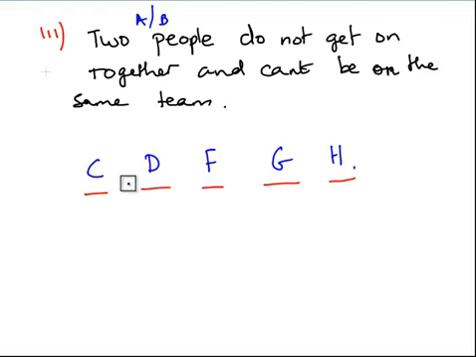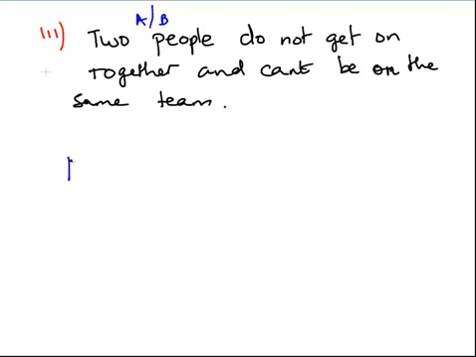So what we have here is scenarios: one of them is on the team, or neither of them are on the team. So let's say we have a team with A, a team with B, or a team with neither of them. So we have 3 scenarios.